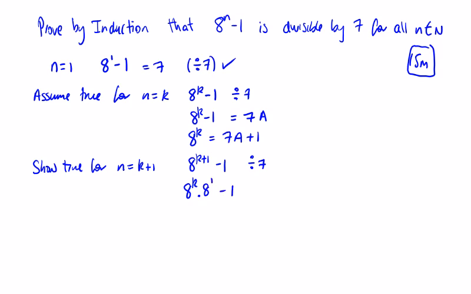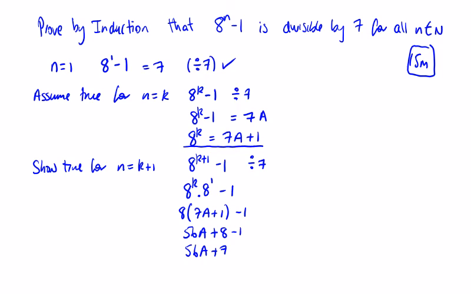And if we fill in from my assumption, which is always what we need within these questions, 8 to the power of k, I'll put the 8 in front, is 7a plus 1. And the minus 1 is still there. So multiplying this out, we're going to get 56a plus 8 minus 1, which is 56a plus 7.